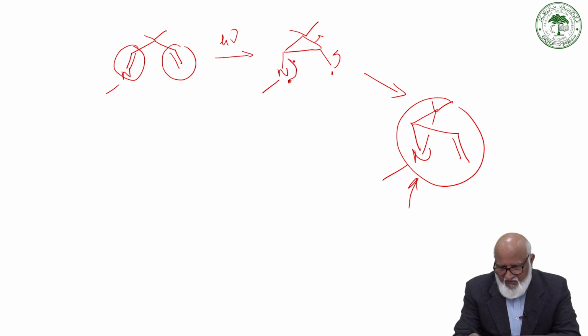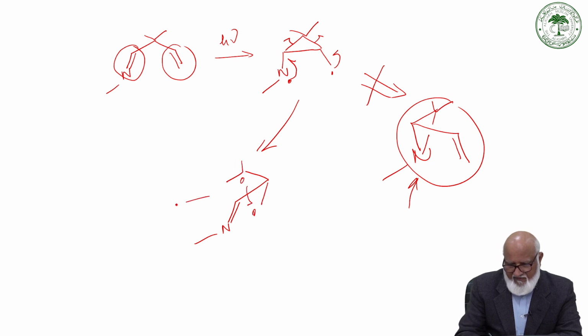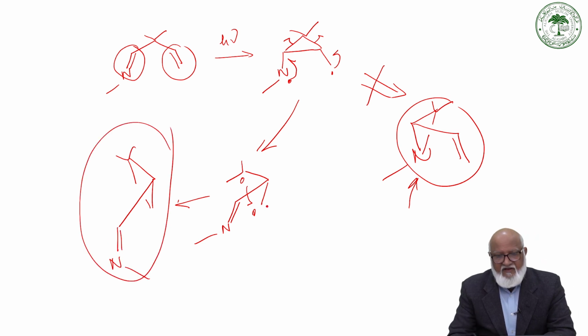Conversion of this to C double bond N and opening of this is more feasible, and this will lead to a C double bond N radical like this, and then this will combine to give a product like this.